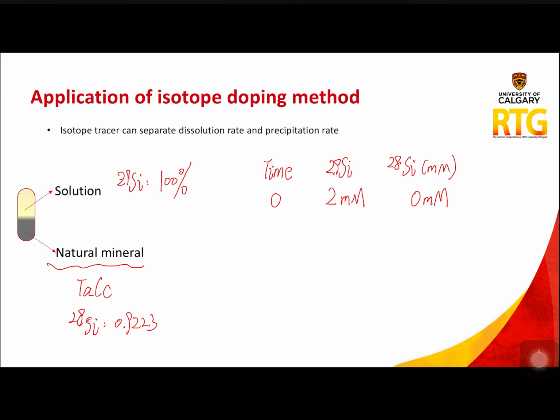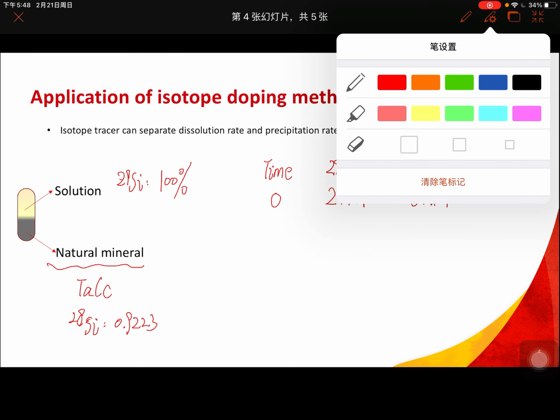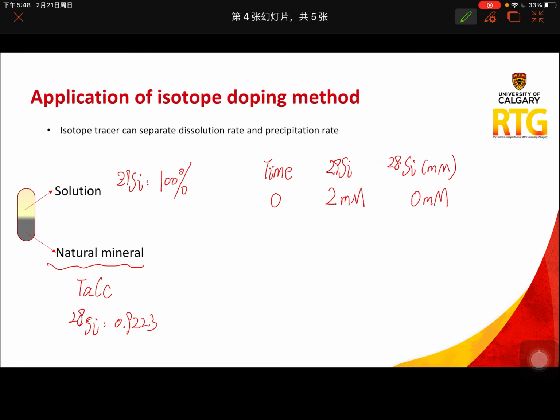The first situation is if only dissolution happens. After some time, the 28 silicate in the solution should increase, right? And the 29 silicate should stay the same.